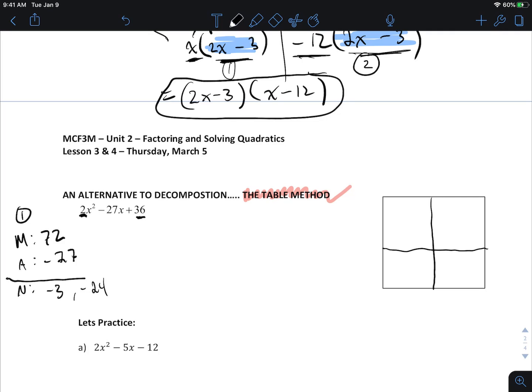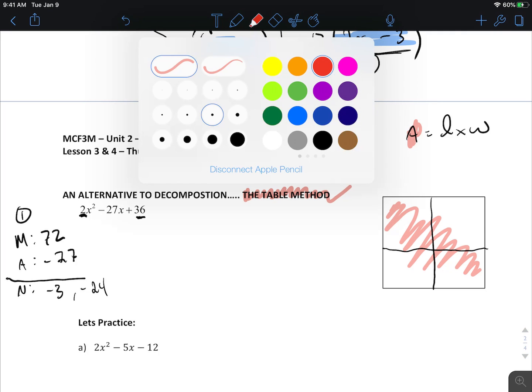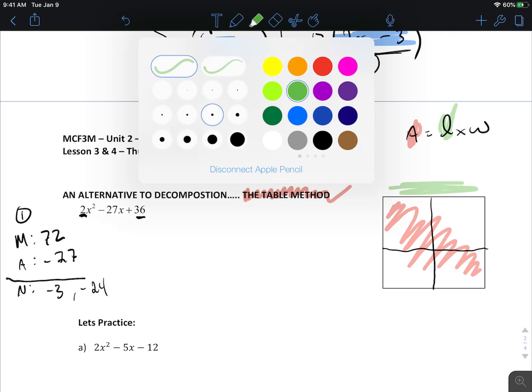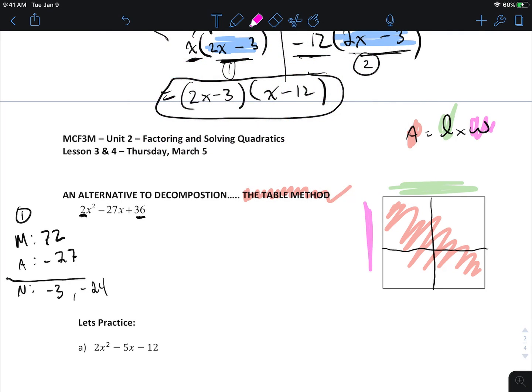How did we fill in the table? The inside of the table was the area, so area was equal to length times width. The length is along the top or the side, it doesn't matter, and the width is along the side.